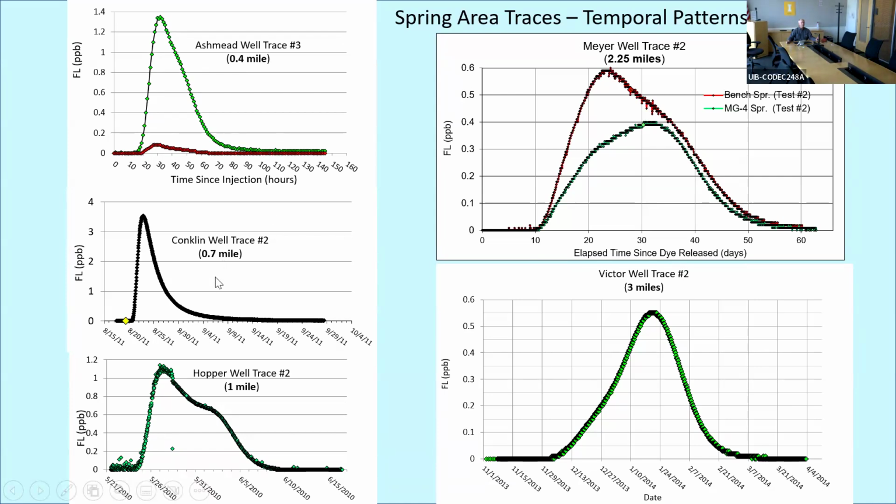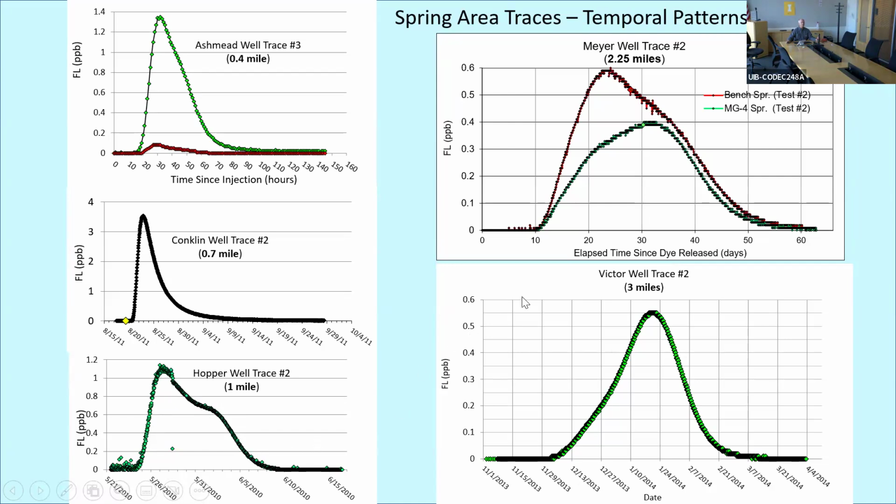The second down is 0.7 mile trace, a nice single peak breakthrough curve, classic textbook there. Then another left skewed with a possible second peak, which would be a second flow path in this particular trace.